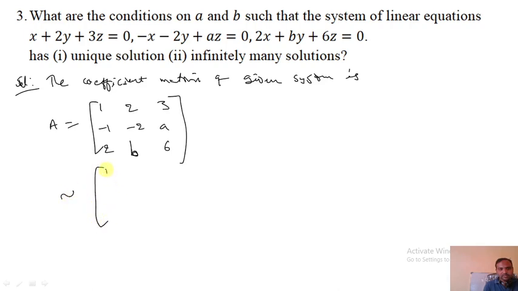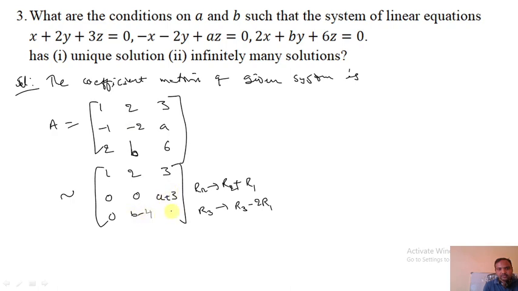Same first row 1, 2, 3. Now how to convert this? Apply R2 equal to R2 plus R1 and R3 equal to R3 minus 2R1. This gives 0, 0, a plus 3, then 0, b minus 4, 6 minus 6, which is 0.